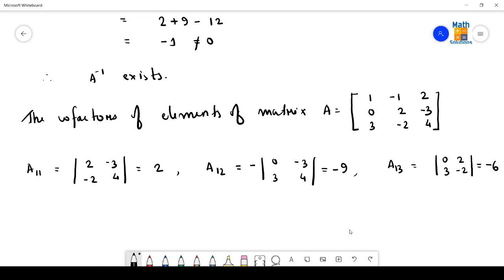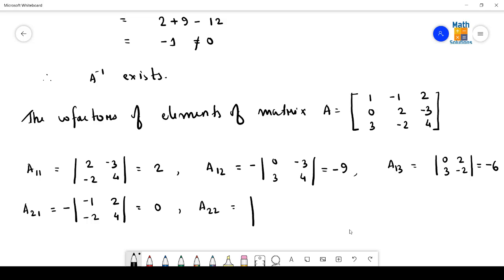Then similarly A21, negative sign convention I have to use here. So in this case it will be minus 1, 2, then minus 2, 4. That is equal to minus 4 plus 4. Result will become 0 here. Then A22. In this case, let us find out the cofactor.